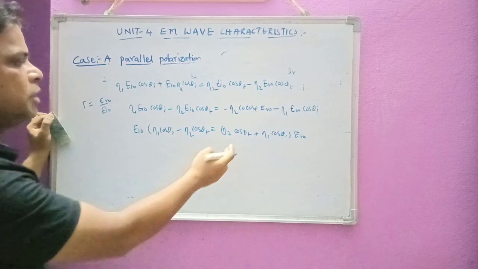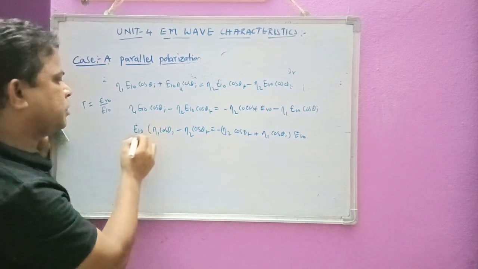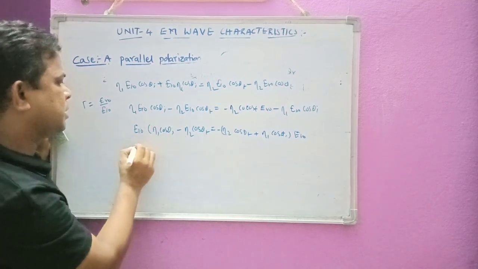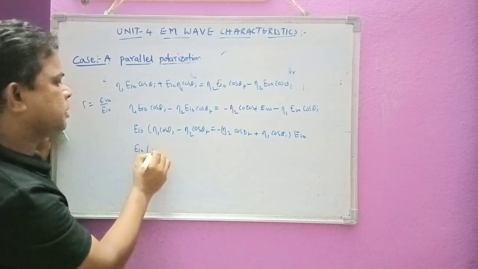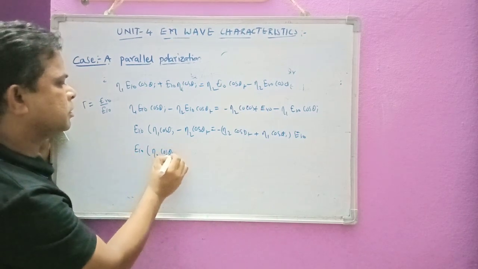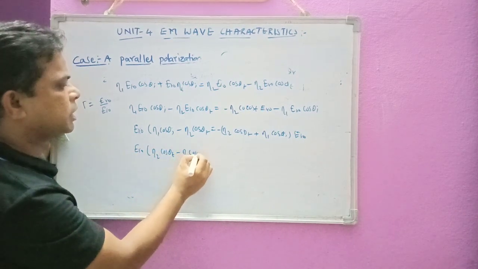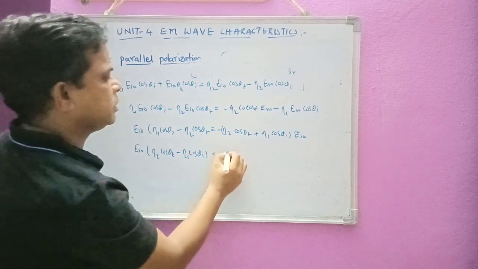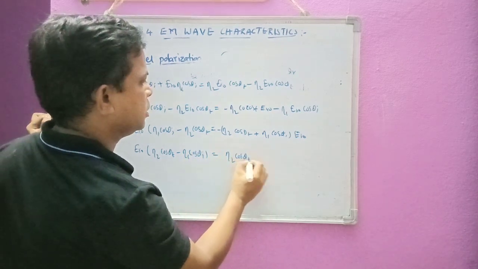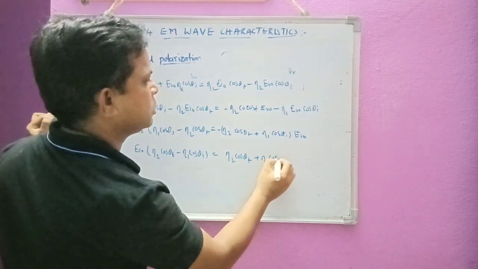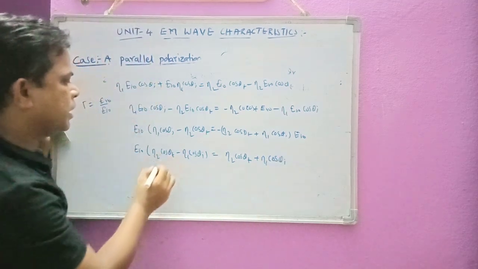Now if I take the minus common, I will remove this minus here. I can write here EI0 eta 2 cos theta t minus eta 1 cos theta I, and eta 2 cos theta t plus eta 1 cos theta I.